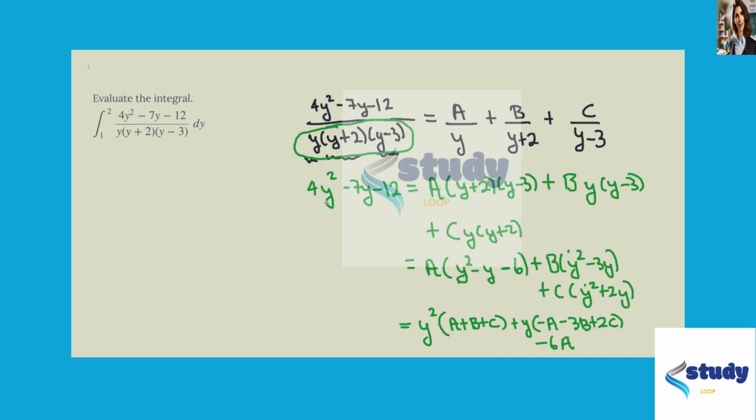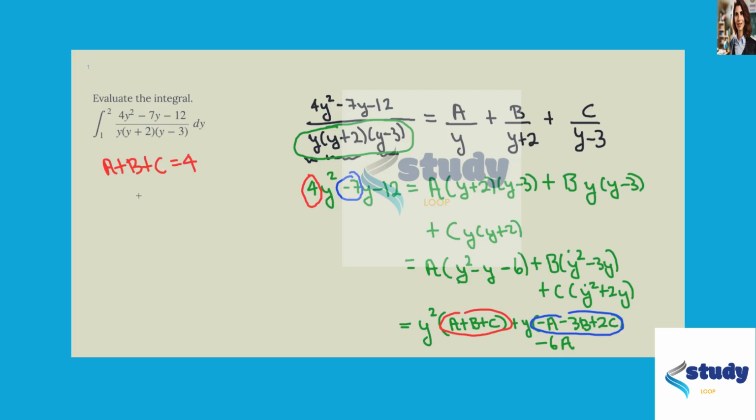So on the left-hand side, the constant in front of the y squared is a 4. On the right-hand side, A plus B plus C. That gives us an equation. Similarly, for the y term, we have a negative 7 on the left, and this is what we have on the right.